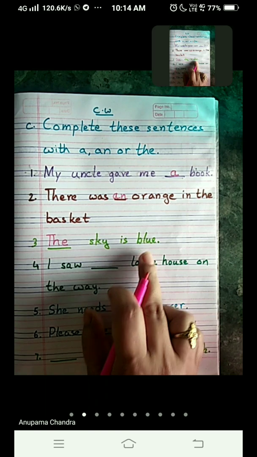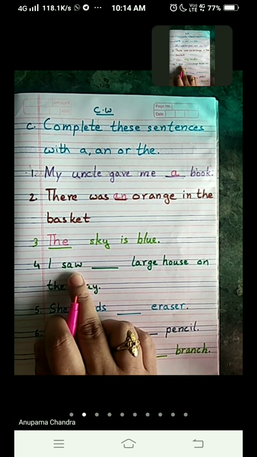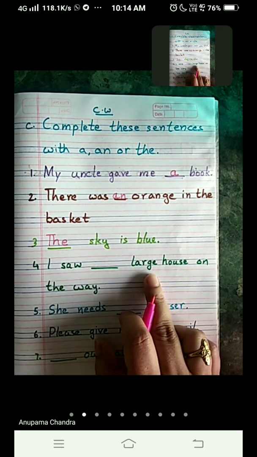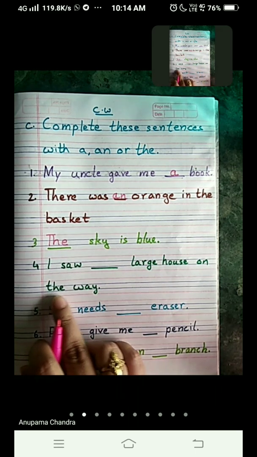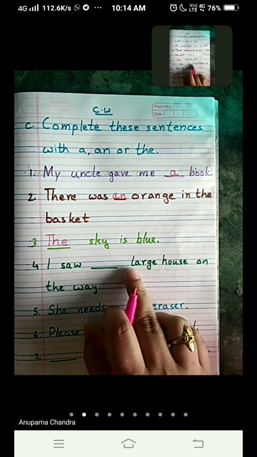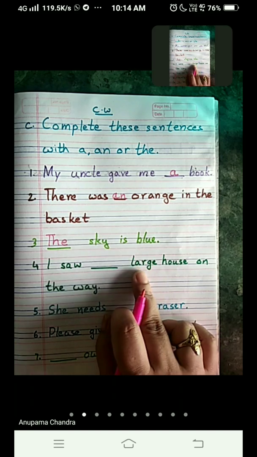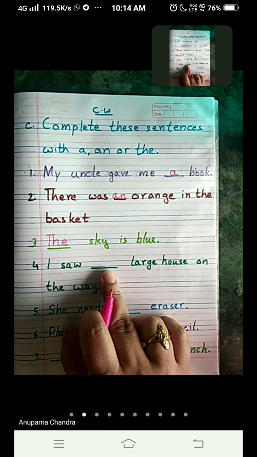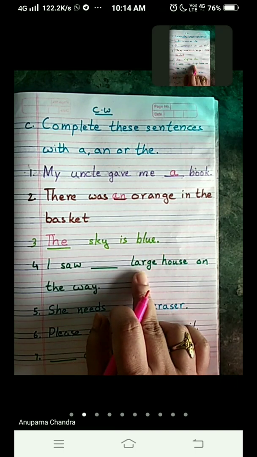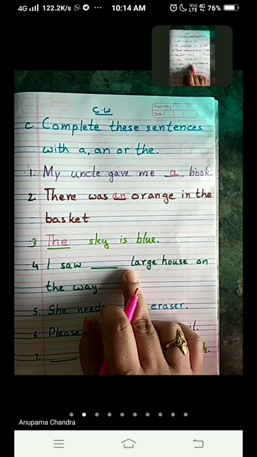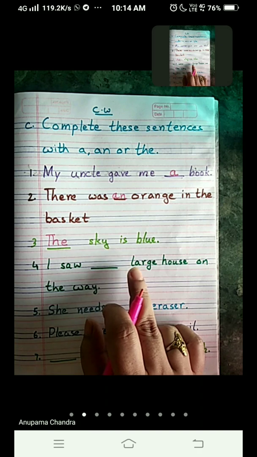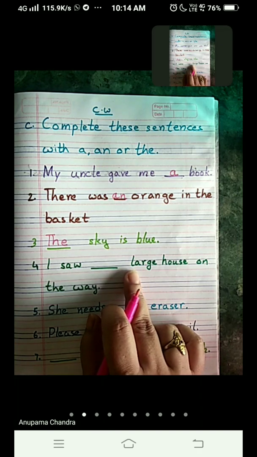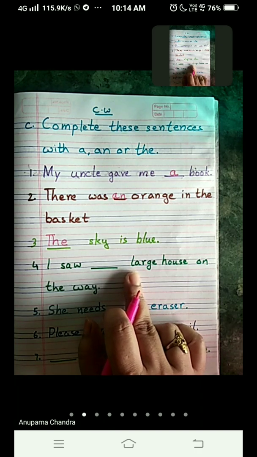Let's see the fourth one. I saw dash large house on the way. Now, you have to pay attention to what is the word before which we have to write the article. Okay, the word is large. And what is the first letter? L. Now you have to check out whether it is a consonant or a vowel.